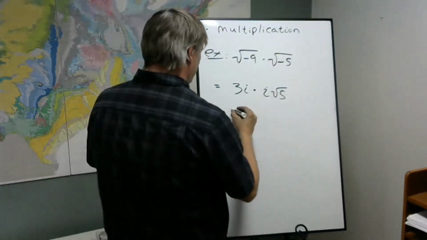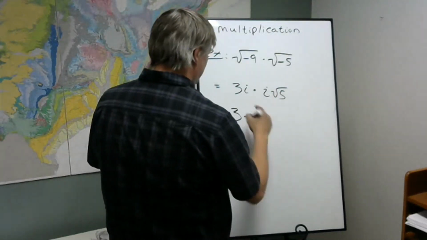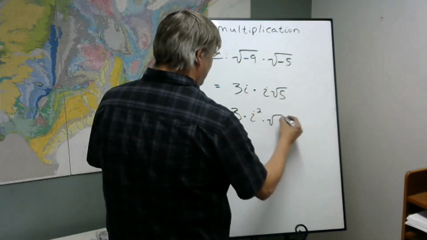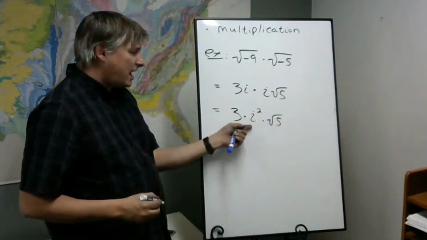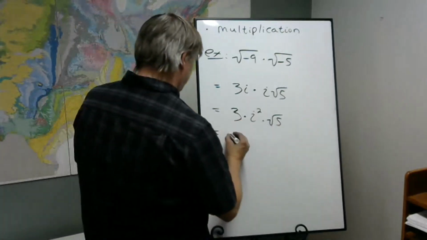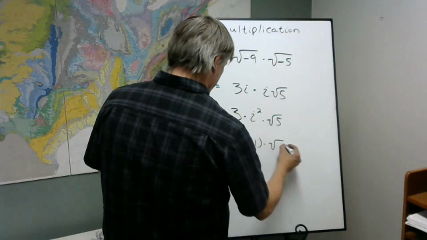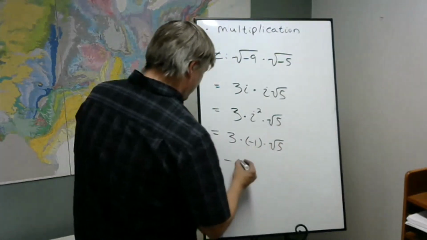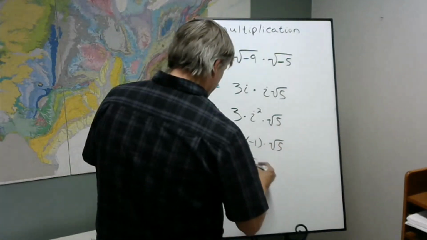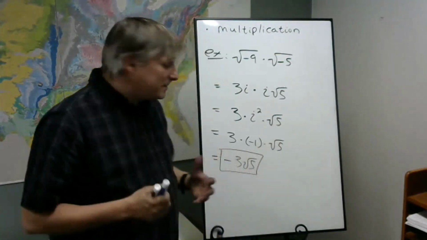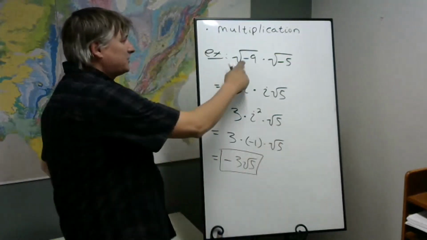So we're going to get 3 times i is i squared times square root 5. i squared is -1, or -3 square root 5. So we want to be careful when we do this.